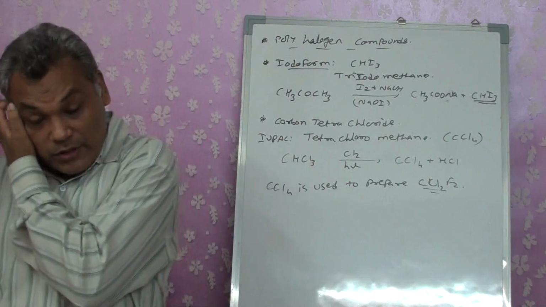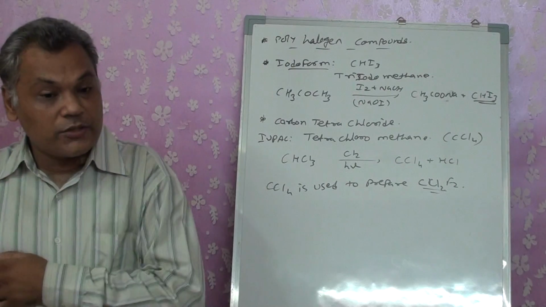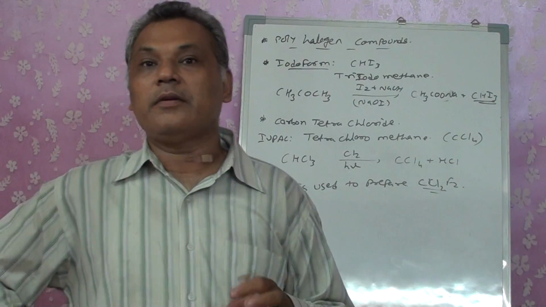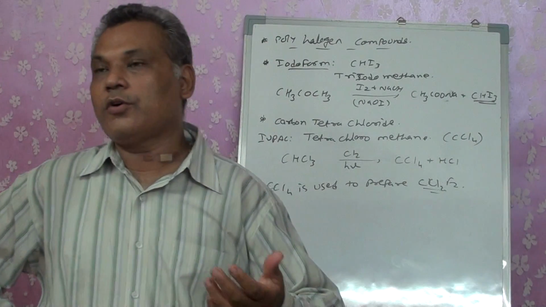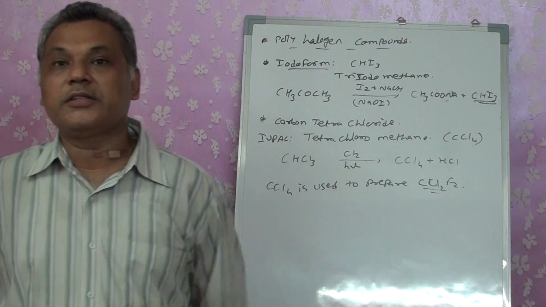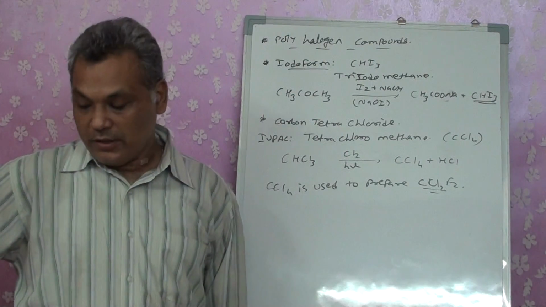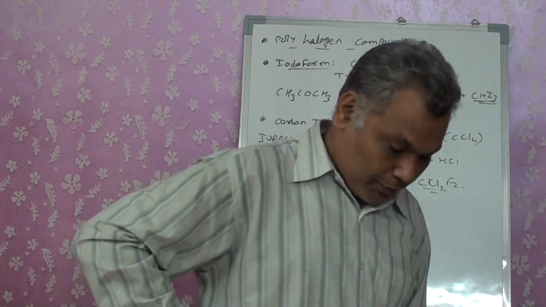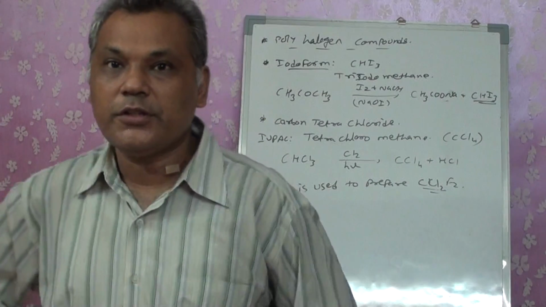It can permanently damage the cells of your nervous system. Not only liver cancer, but the nervous system can also be disturbed. That means it's very harmful to human beings. Even it is used for preparation of chlorofluorocarbon, which is used as a refrigerant.